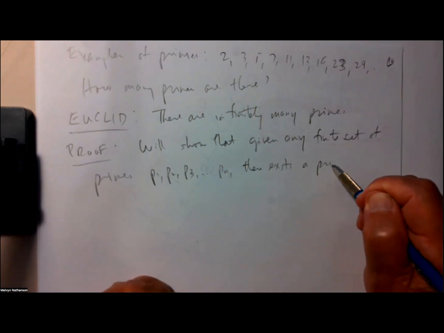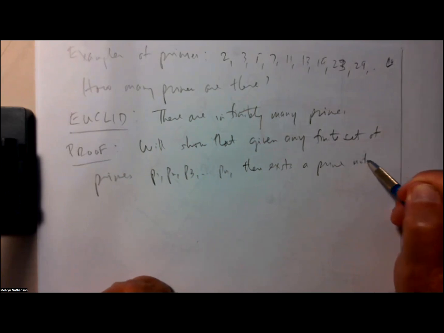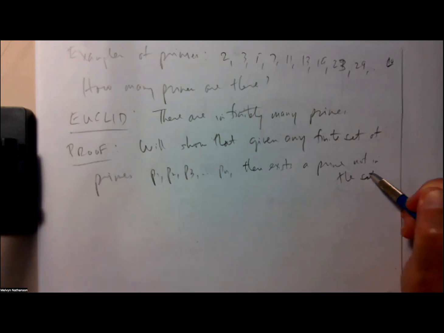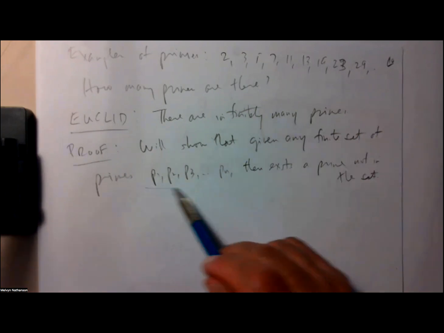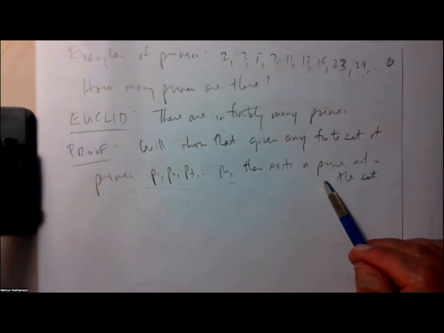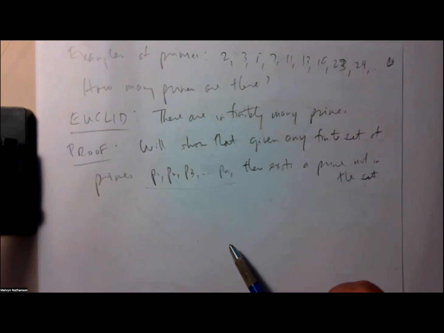There exists a prime not in the set. So there can't be only finitely many primes, because if there were only finitely many primes, I write them all down, and there could not exist a prime that's not one of these.